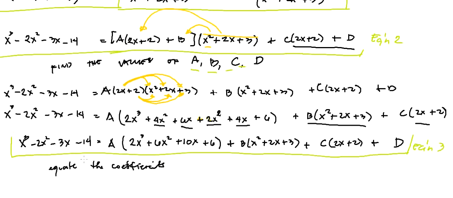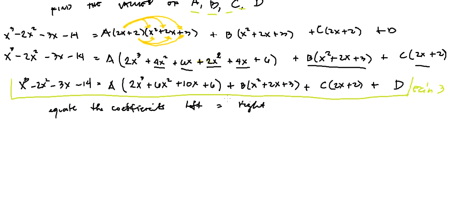Okay, so we will equate terms at left to right, this side and to this side. So equating of coefficients is another technique how we can find the value of our A, B, C, and D. So by doing that, since we have degree 3, let's equate coefficients with x cubed.